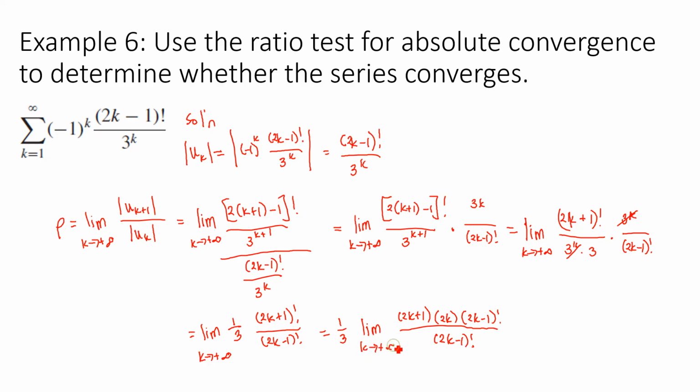So we could have one third of the limit of the quantity 2k plus 1 times 2k as k approaches positive infinity. Simplifying, this is equal to positive infinity, which implies that the series diverges.